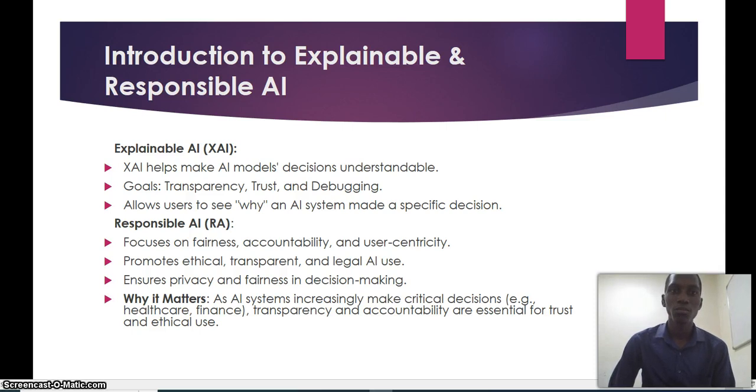Responsible AI, on the other hand, focuses on ensuring fairness, accountability, and privacy. It's about making sure that AI systems are not only efficient but also ethical and user-centered. Both of these are essential in modern AI development.